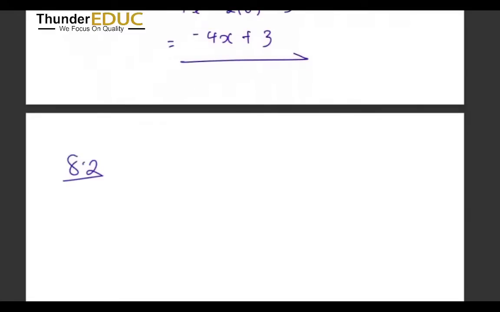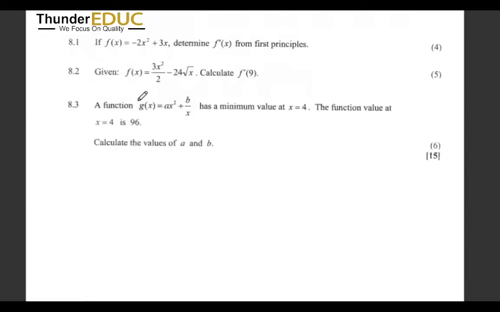8.2, what is the question saying? So they want us to find f prime of 9 if f is given as this. So step number 1, before we even approach, we need to change this root sign into an exponent.